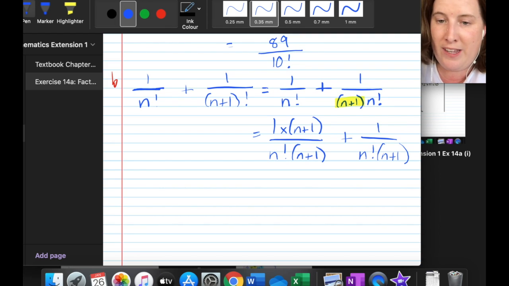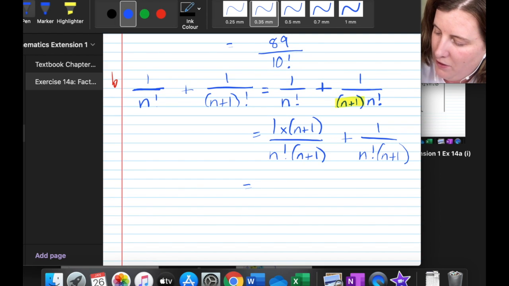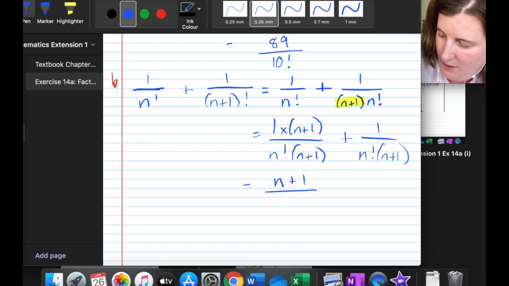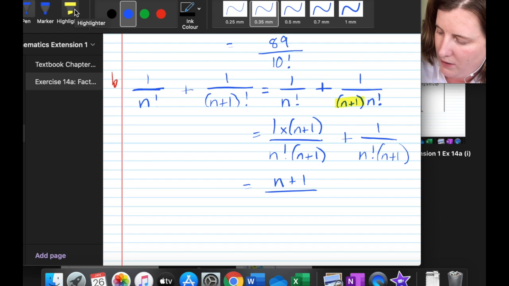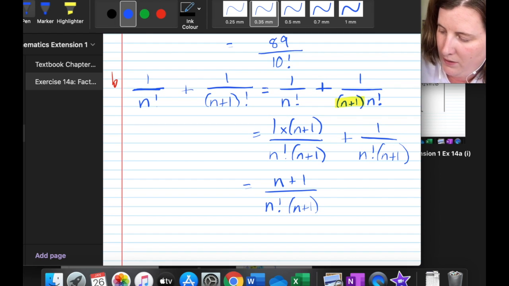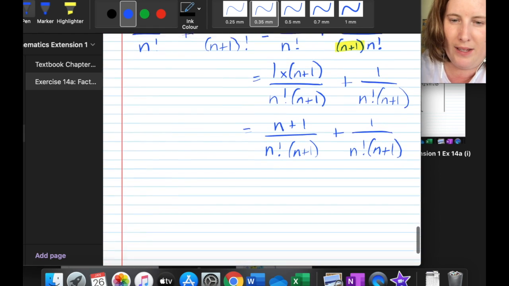Which means on the top of my left-hand fraction, I've just got my n plus 1, plus 1 over n factorial times n plus 1.